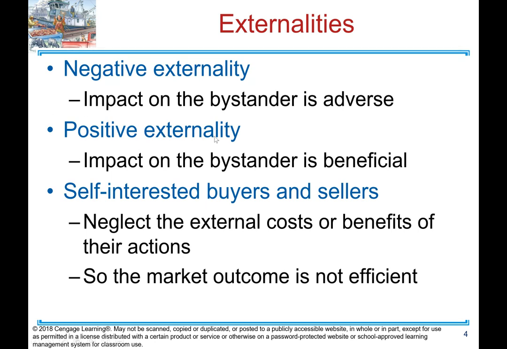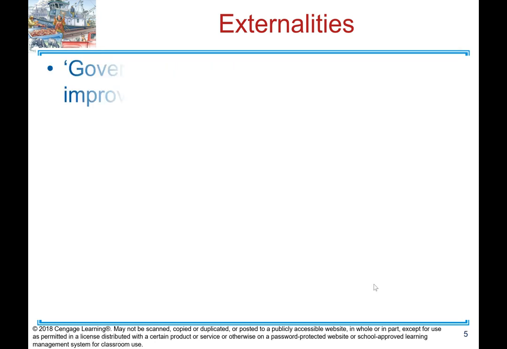Positive externality: the impact on the bystander is beneficial or positive. Self-interested buyers and sellers usually neglect the external cost or benefits of their actions. So the market outcome is not efficient.